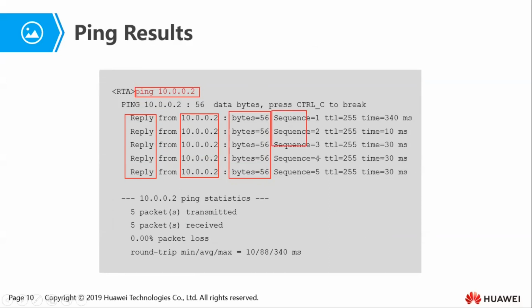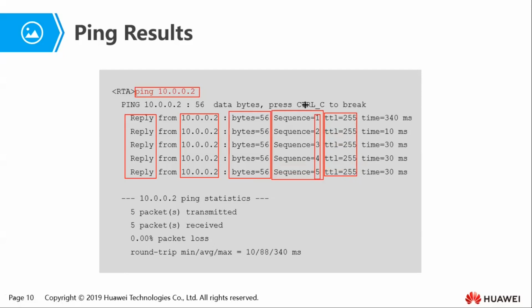You're also going to get the sequence: each reply will have a sequence number, so 1, 2, 3, 4, 5. Then you're going to get the TTL. This TTL is taken from the IP header. By default, it's 255.